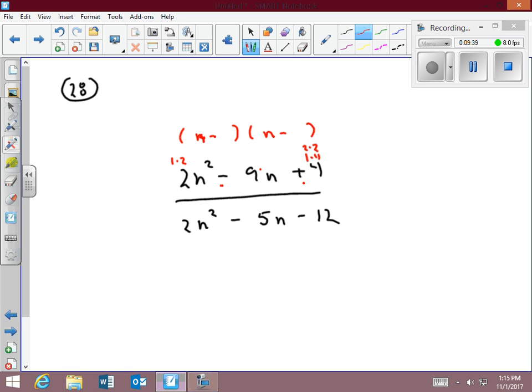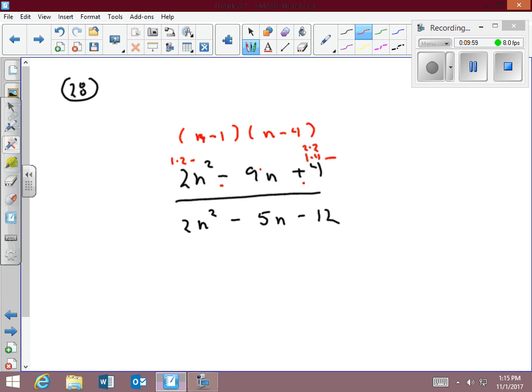It's the 2 times the 4 and the 1 times the 1, right? So now because both of these are negative sign, the 1 and 4 goes wherever I want to put it because they're both negative.